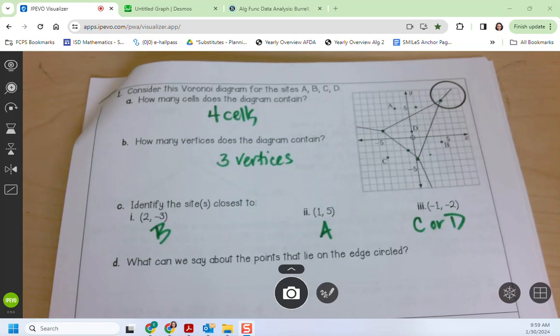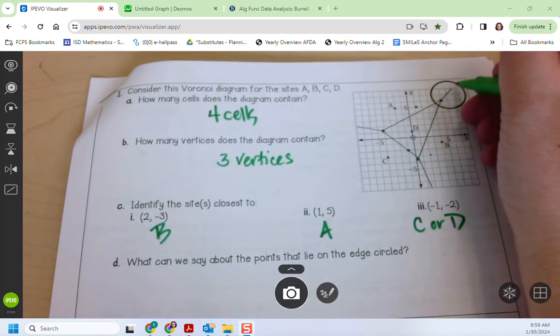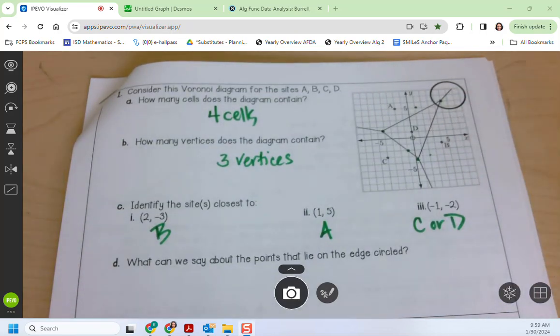All right, we have an edge all the way up here, and we want to see if you were on that edge, what would you be closest to? So Sophia suggests A and B evenly, and Sally's agreeing. Anybody else? Yeah? So you might need to do a little distance formula to convince yourself, but I do have A and B down.